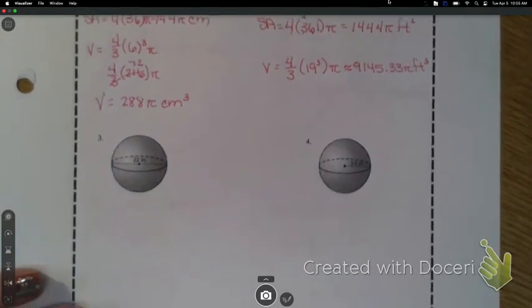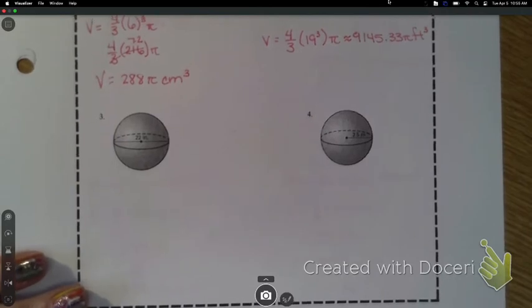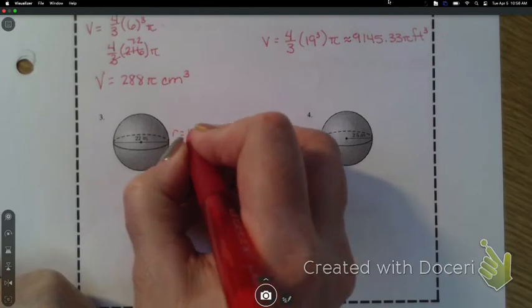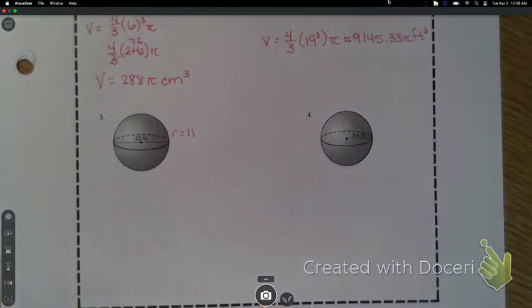So the next one, what do I have to do? Find the radius. Well, what's the radius? 11. 22 divided by 2. Some of yours today are going to be like 13 divided by 2, right? So that'd be 6.5. So some of them are not going to be a whole number, but you can still divide it by 2, right?